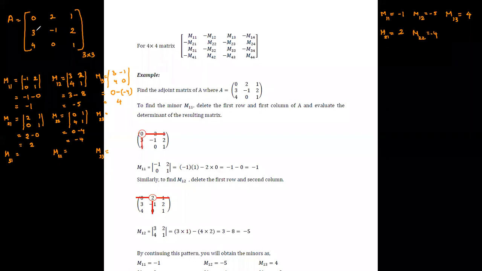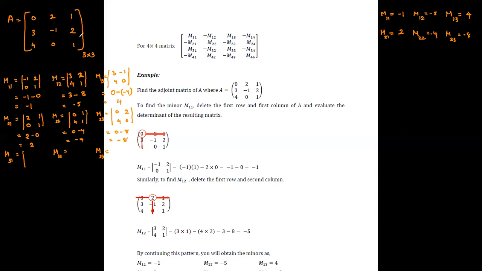Then M23: cut down the second row and third column. The values are 0, 2 and 4, 0. Then 0 minus 8 becomes -8. M23 is -8.